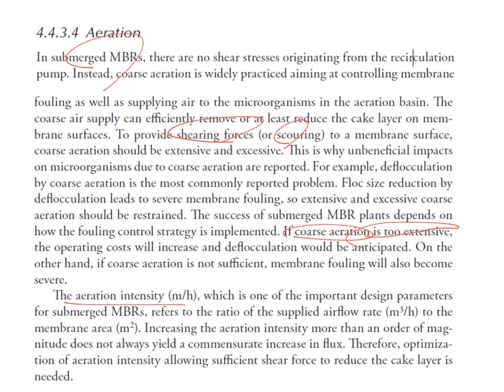So the strength of this aeration can be measured by this aeration intensity, which is one of these important design parameters for MBR systems. This is defined as the ratio of supplied airflow rates to the membrane area.